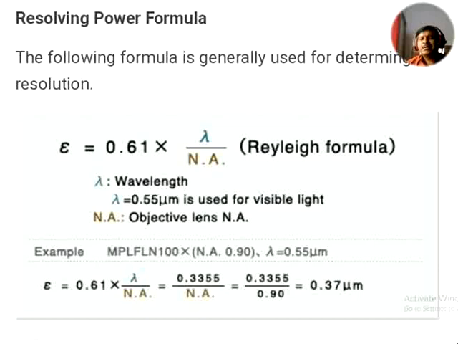Now put the values of these parameters into the formula, then we get the resolving power. So epsilon is equal to 0.61 into lambda upon numerical aperture.